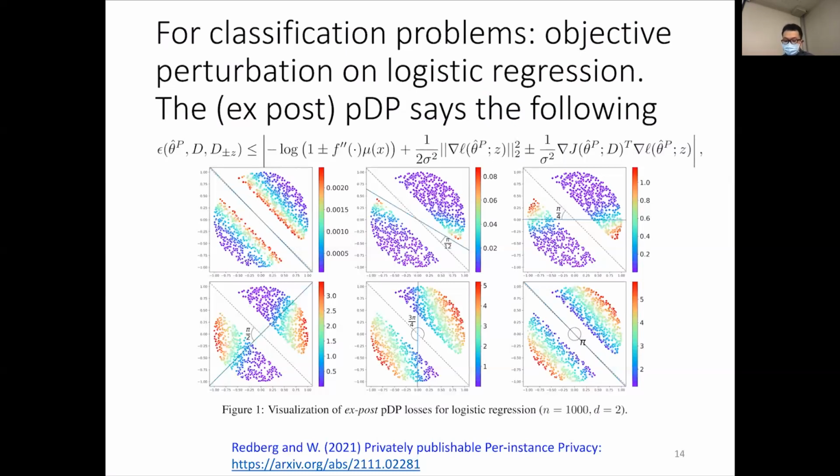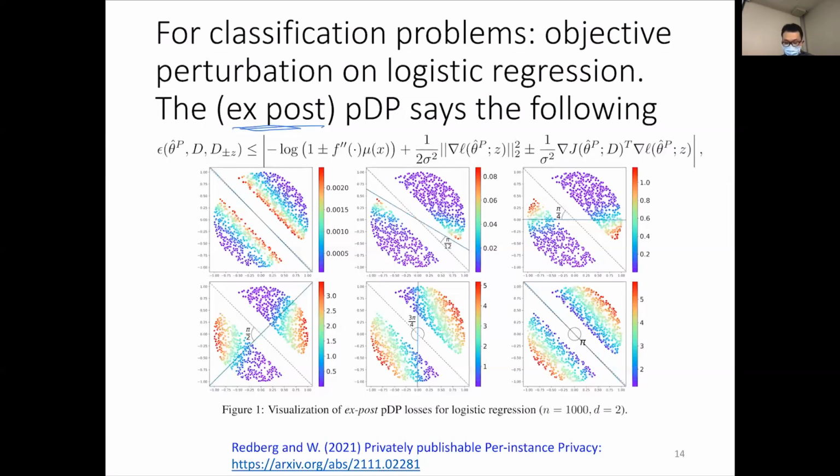The exact definition of PDP is slightly different because it's ex post, but I'm not going into the details here. The gist of these plots is that in logistic regression, if your data point is being accurately classified with high confidence, then having you or not having you in the data set will have very little influence on the final logistic regression coefficients that you end up learning.